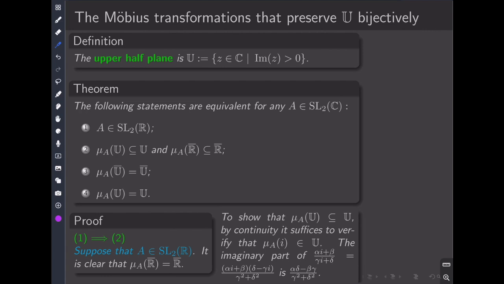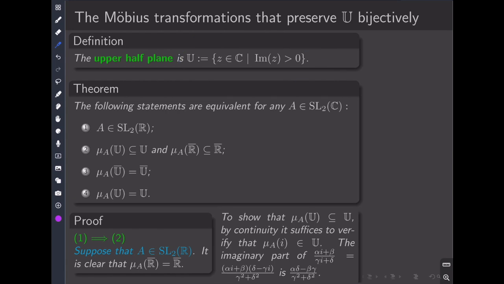Later on, it is going to be a model of the hyperbolic plane, so we're going to give a Riemannian metric for it. This Riemannian metric defines its own topology on U, and it's a theorem that this topology coincides with the usual topology of U. But for the moment, we don't know that.